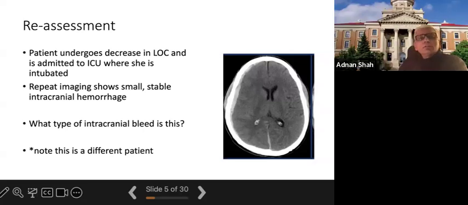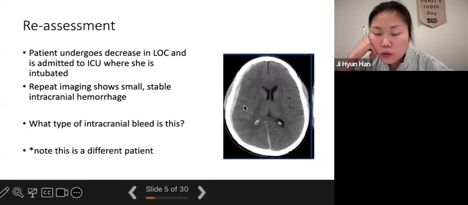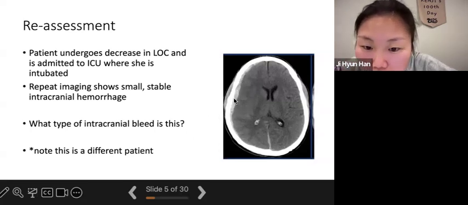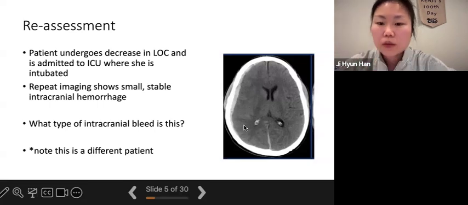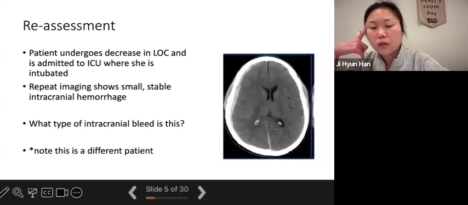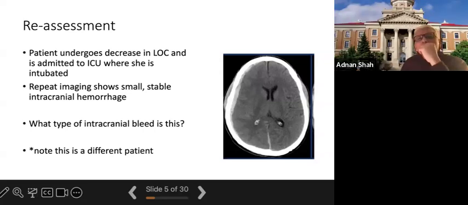Epidural, or is it subdural? It looks not epidural, because subdural would be subarachnoid. How does it differ?